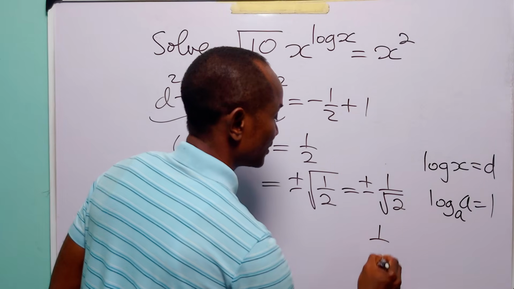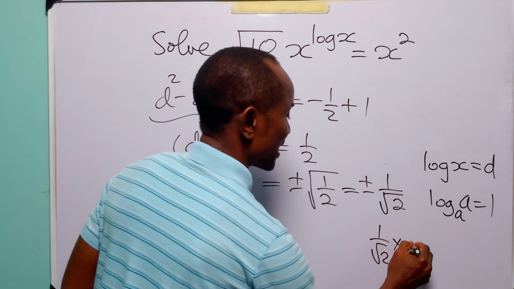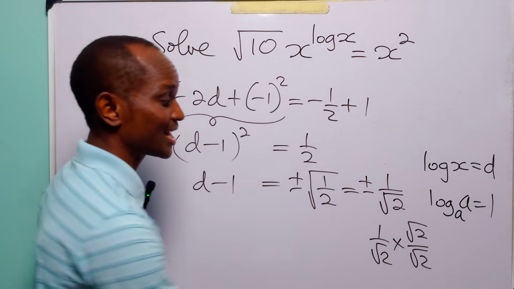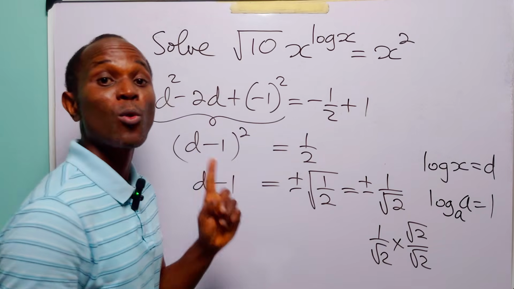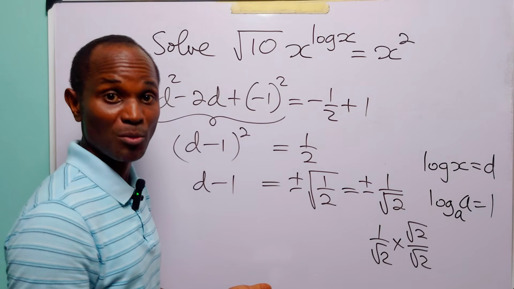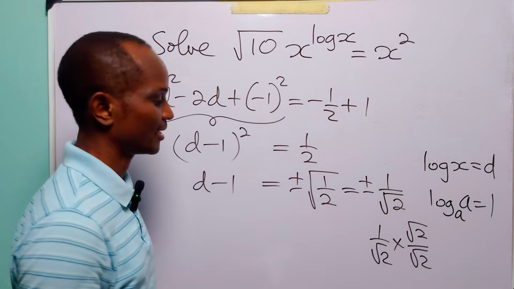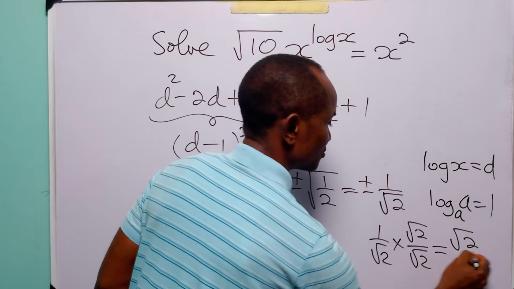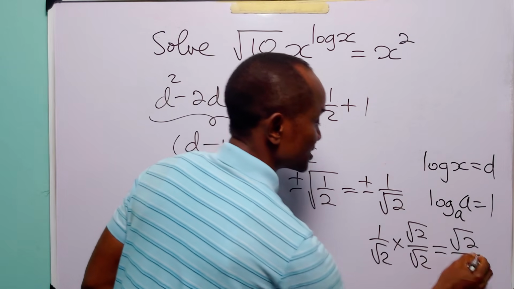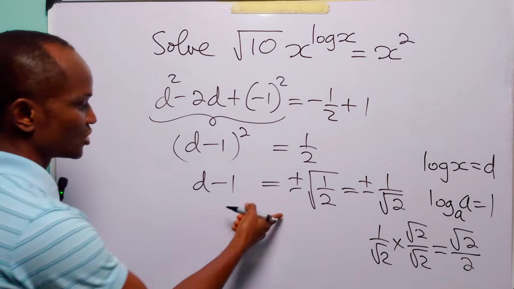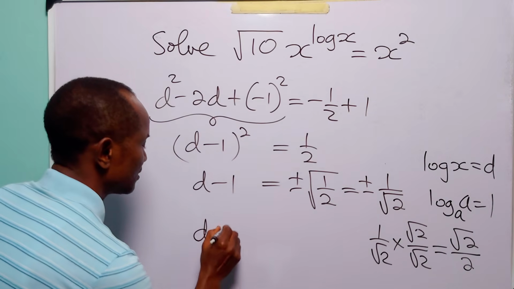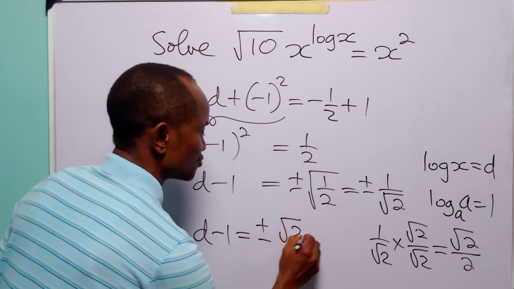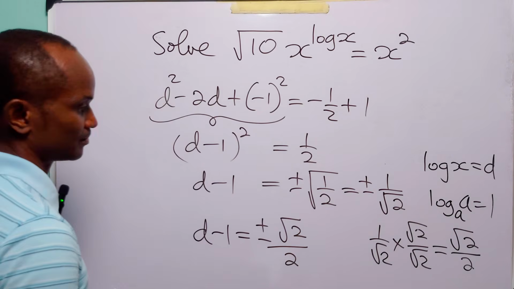So we have 1 over root 2 multiplied by root 2 over root 2. Notice that root 2 over root 2 is equal to 1. And of course, you know that when you multiply by 1, you haven't changed anything. But this is equal to 1 times root 2 is root 2, and root 2 times root 2 is equal to 2. So here we have d minus 1 is equal to plus or minus root 2 over 2.